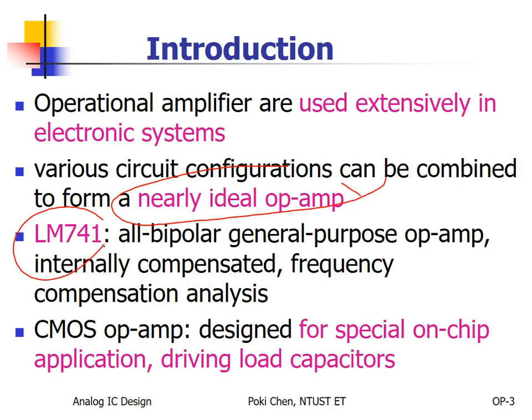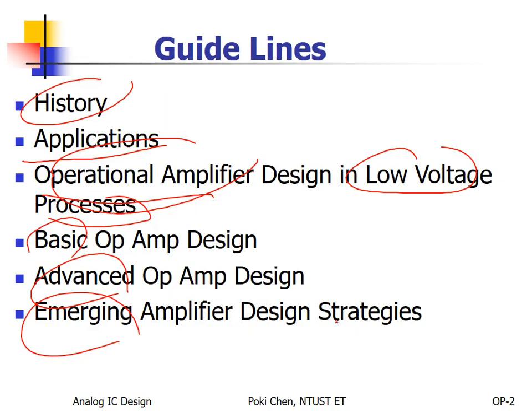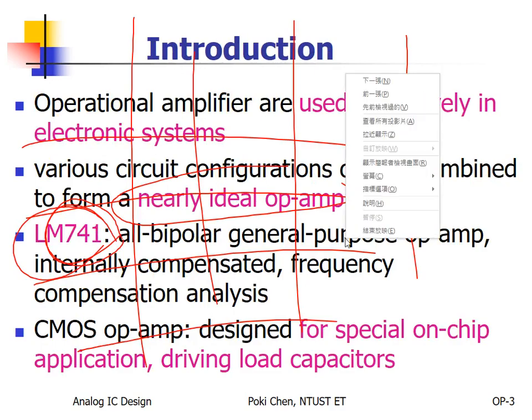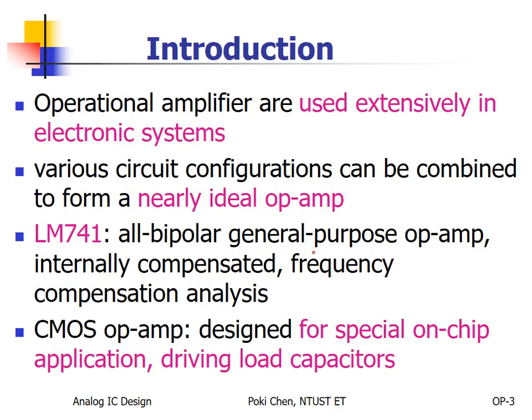I guess even till now, we still use such a very old op-amp in our industry, for example in LCD drivers. They apply many op-amps to drive the vertical line and the horizontal line. Humankind created it, I guess, more than 40 years ago.